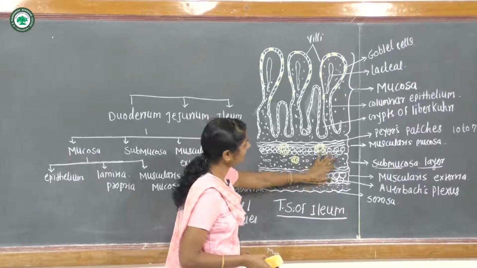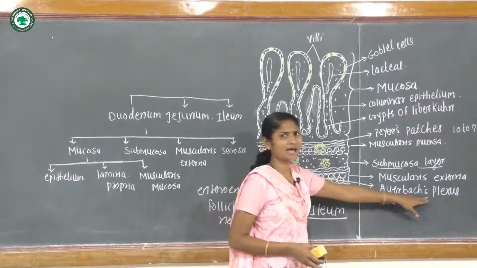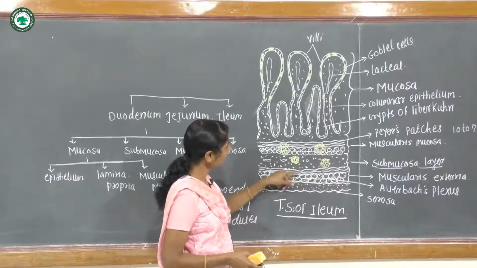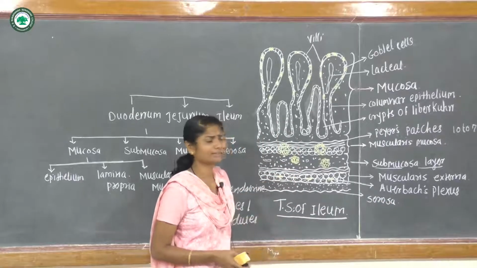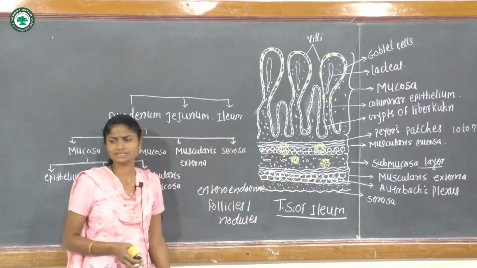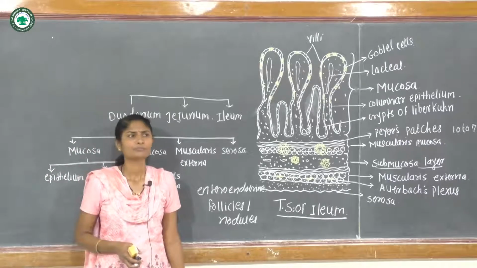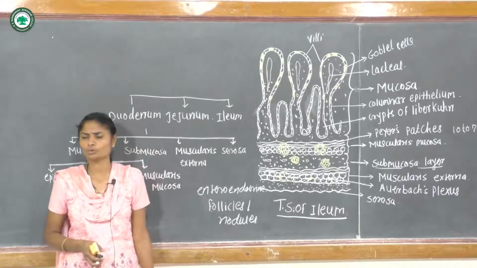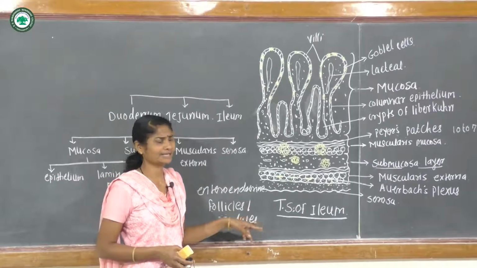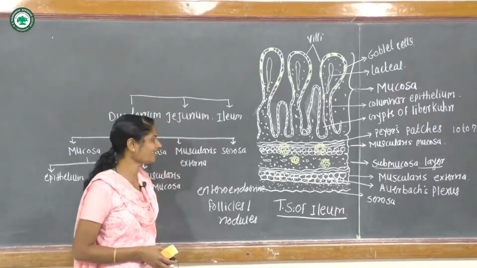In between these two layers, Auerbach's plexus is present. Auerbach's plexus is present in between circular and longitudinal muscles, and these muscles are responsible for movement. Movement of the intestine takes place with the help of this Muscularis externa.